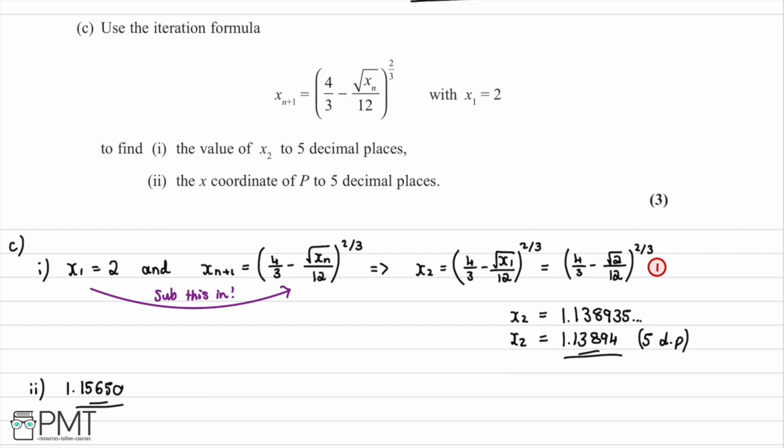So we'll give ourselves our second mark here, that was to 5 decimal places, and we then receive our third mark in part C for stating that x was equal to 1.15650. And there we have completed this question.